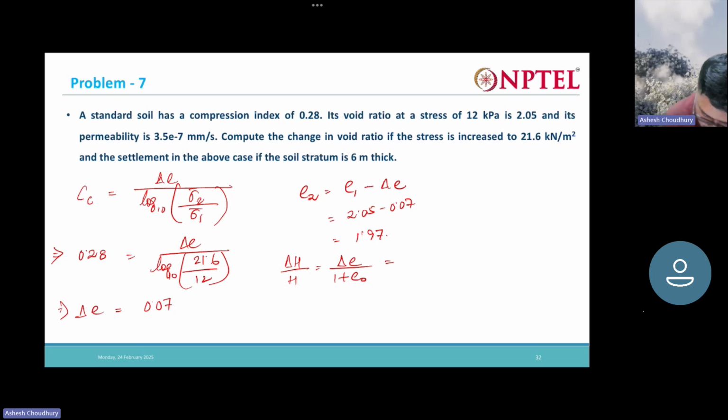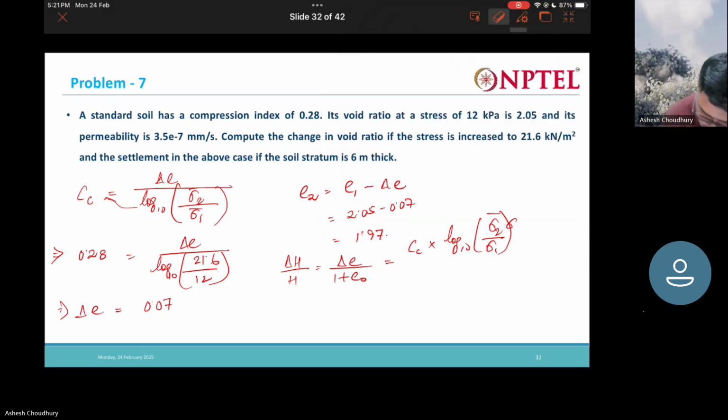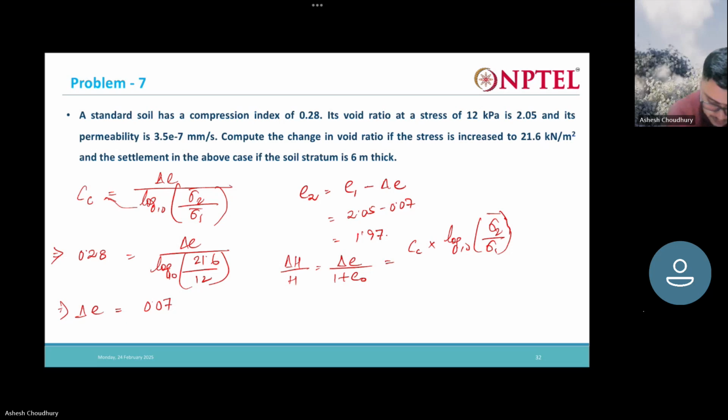So from this relation I can write delta e as Cc times log of sigma 2 by sigma 1, times 1 plus e naught. So delta H, which is the settlement, is equal to H into Cc by (1 plus e naught) times log.